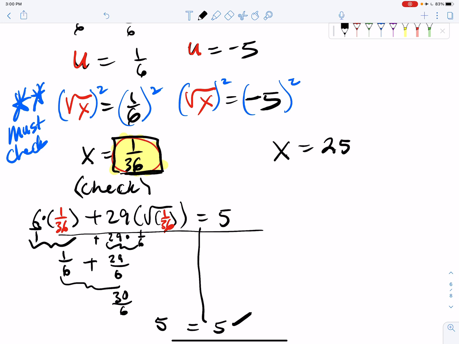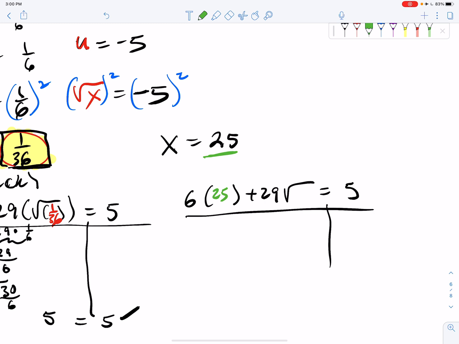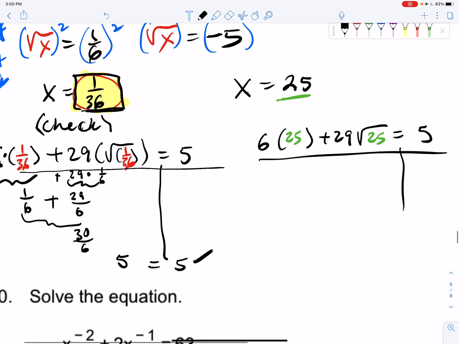We need to do the same for the next one, and we'll go ahead and use green to check. What was the original problem? It said 6 times my answer plus 29 times the square root of my answer is supposed to equal 5. So in this case, I'm putting in my answer of 25. Number 9, we've got 6 times 25, which is 150, plus 29 times the square root of 25, which is 5, so we must multiply that.